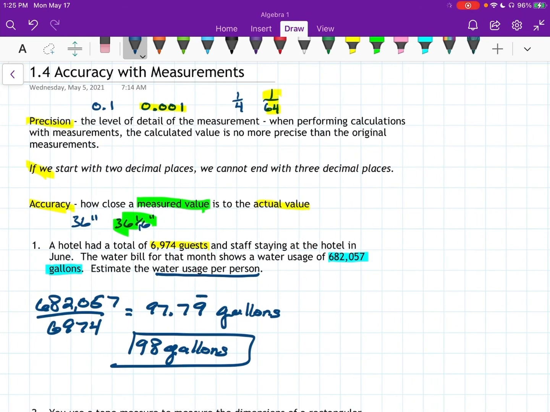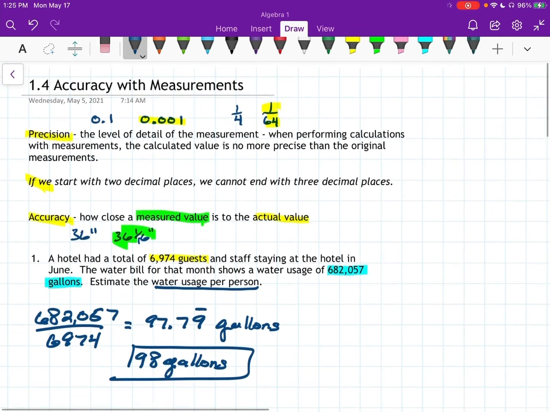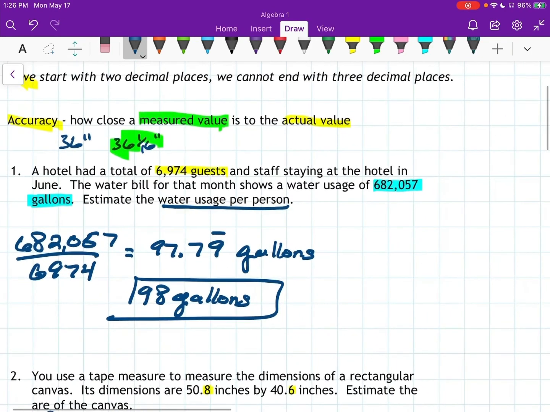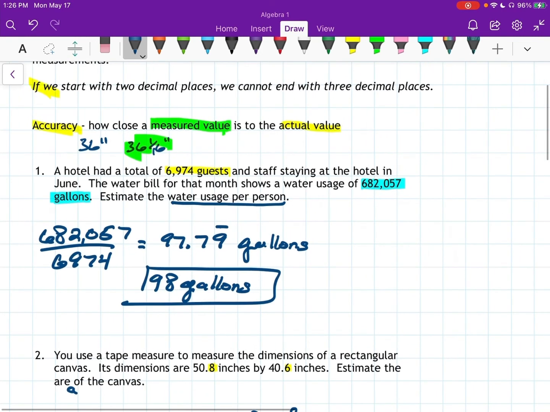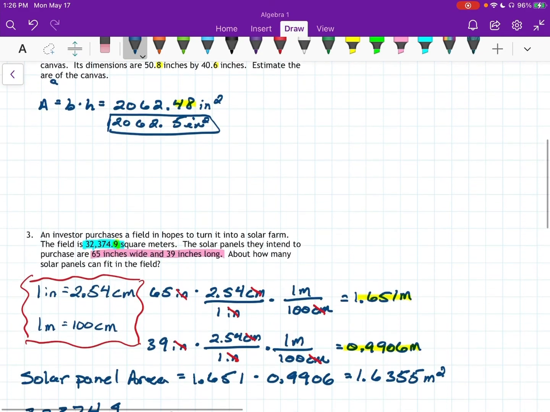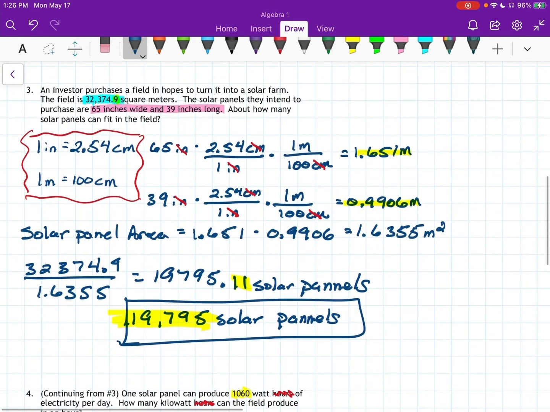But for most of the math that we're going to do on tests and stuff like that, I'm either going to tell you very explicitly what to round to, or it's going to be a very obvious problem, like maybe number 1, like how you know that you're supposed to round to the nearest gallon. Okay, so don't think I'm going to try to trick you. I'm not going to do that. Look at the homework and email me if you have any questions. All right, that's all.